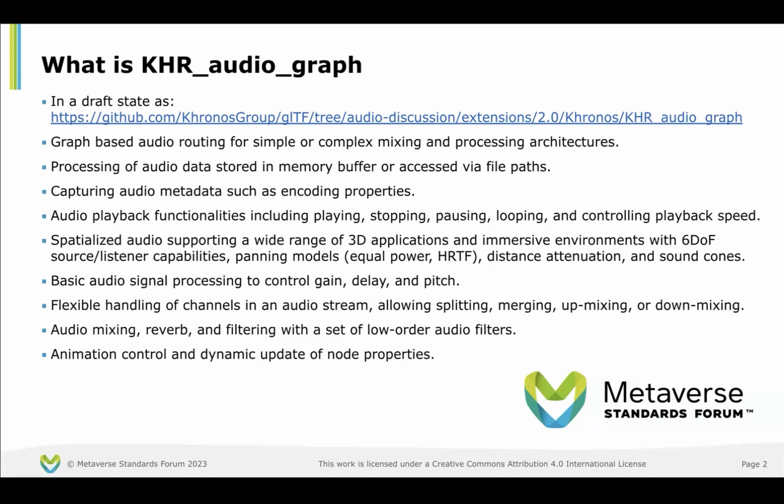And because of the nature of this extension, it's really feature-rich, but the point is, it's not just audio playback. You have to create some sort of scene understanding and some complexity on top of this. So we provide a lot of flexibility in how you can express the audio pipeline for the assets.